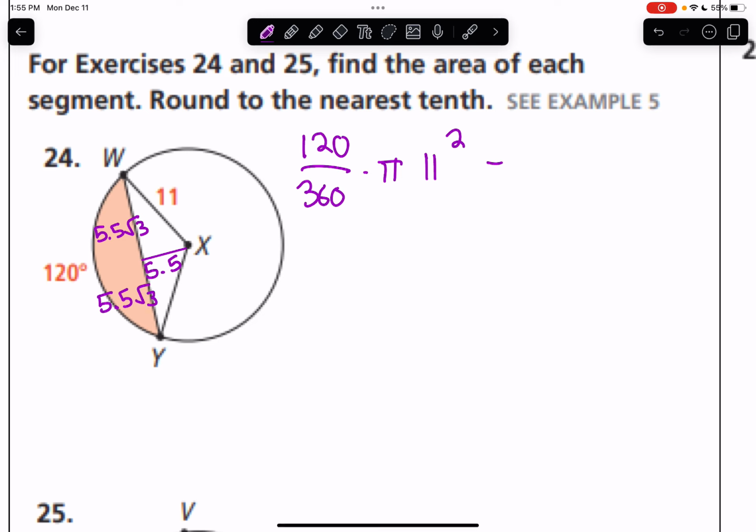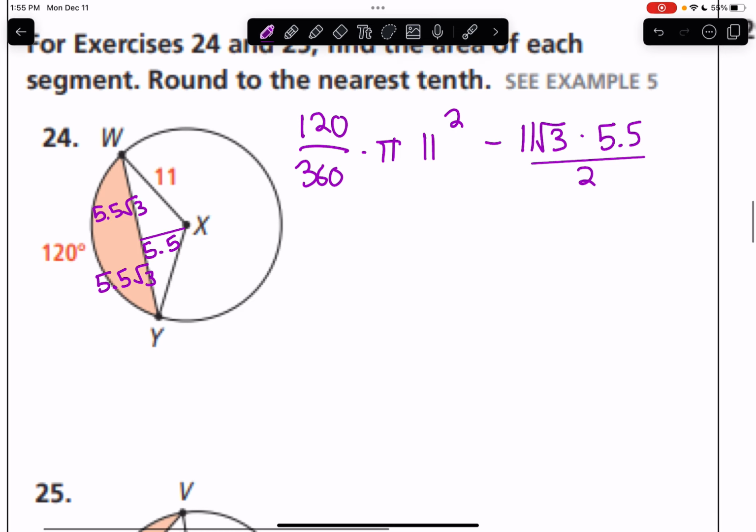So if I'm finding the area of the triangle, I'm going to do base times height divided by 2, where that base is 5.5 root 3 plus 5.5 root 3, or 11 root 3, times the height, in this case, of 5.5, over 2, because that's a triangle. And that is going to give me, in this first part, when I simplify this all out, I get 121 over 3 pi.